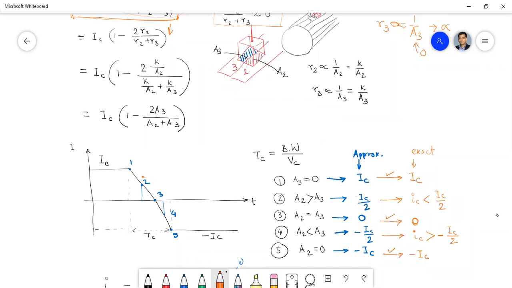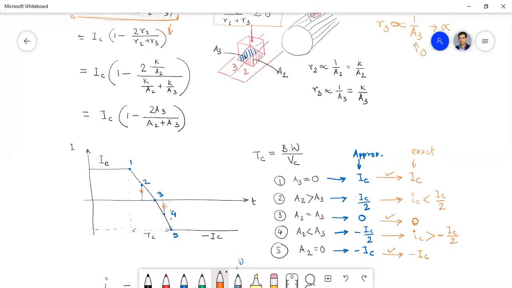sorry, IC less means it will be on the lower side, isn't it? It will be on this side. Okay, sorry. And this is less negative, meaning this side. Let me erase this point. So am I right? Have you understood these 2 points? For instant 2, it is less than IC by 2.